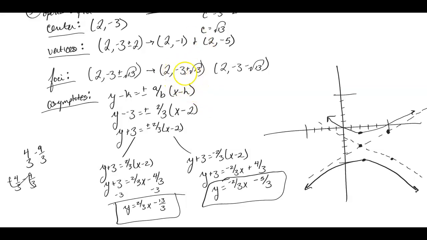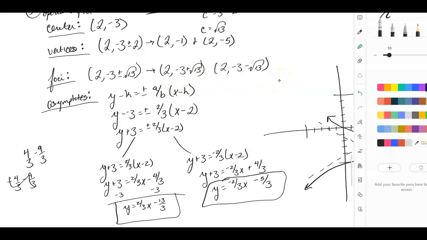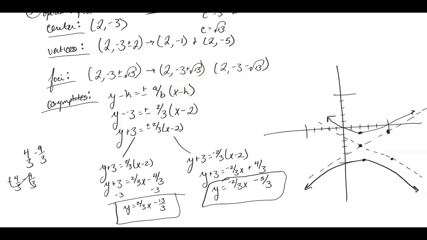If I wanted to graph these guys, the vertices, the foci, I'm going to need a decimal approximation for that. So I'm just going to plug that into the calculator. So what is negative 3 plus square root of 13?